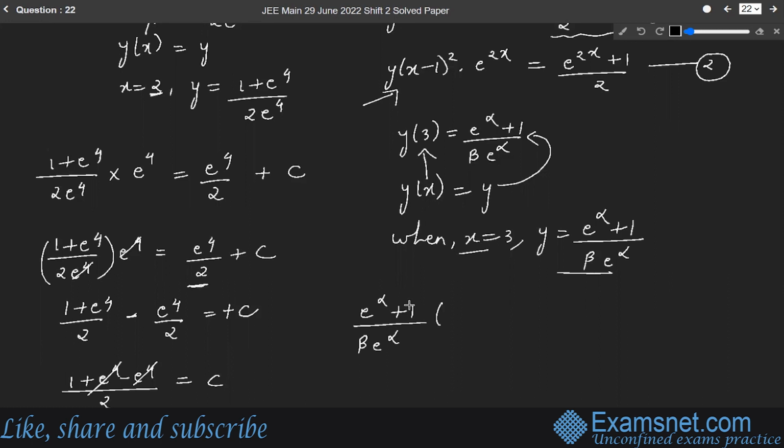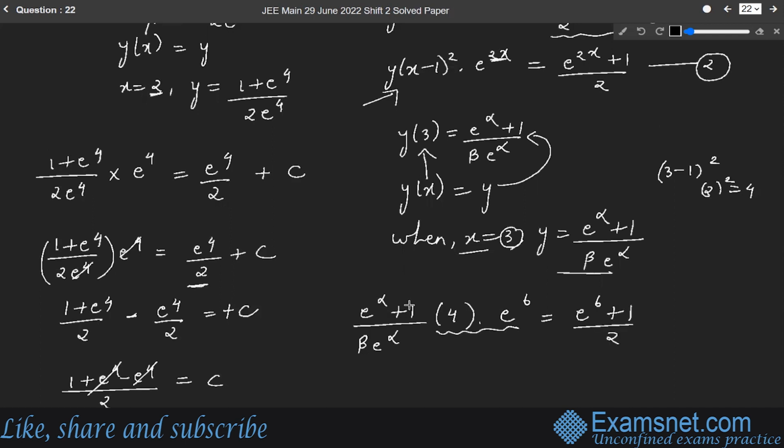What is x? 3. So 3 minus 1 squared. What is 3 minus 1? 2. 2 squared will be 4. So into 4 into e^(2x). 2x means 2 into x. What is x? 3. 2 into 3 will be 6. This will be equal to e^(2x). Again, e^(2x) means e^(2·3), so (e^6 + 1)/2.